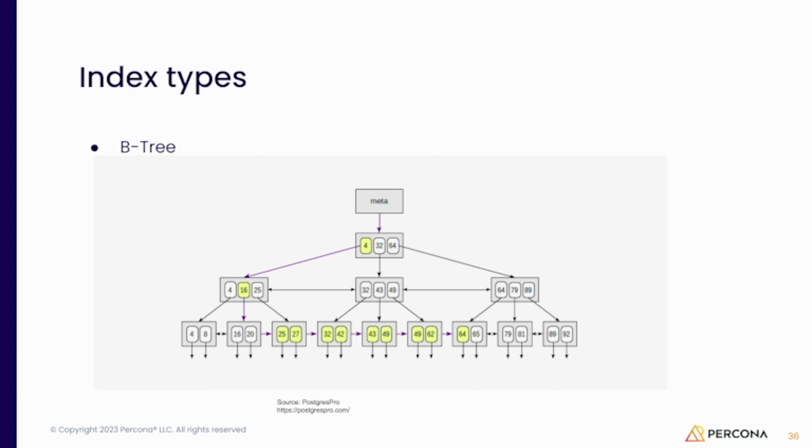Then you go through here, and it doesn't need to go back to the other ones because we have those links on the leaf pages. Just get here, and here is just a normal linked list. So just traverse the linked list until you get the last one. That's what the B-tree is going to do. It's pretty simple and highly effective for most of the data types.